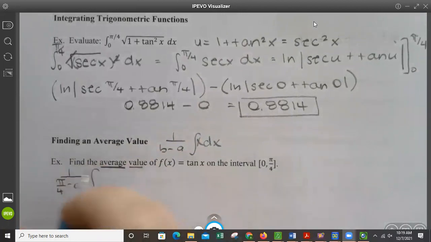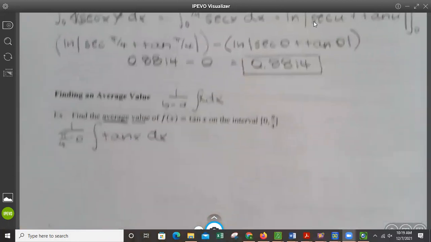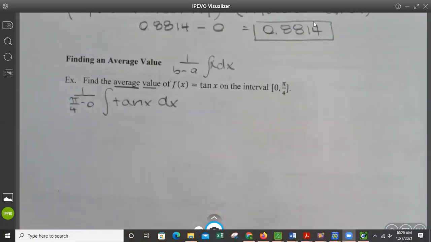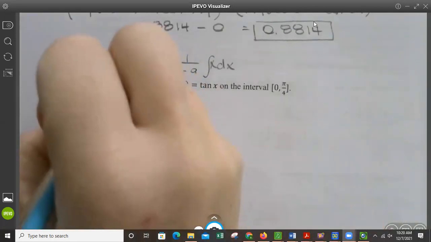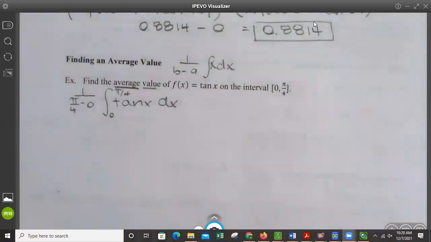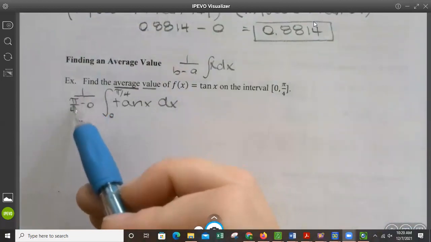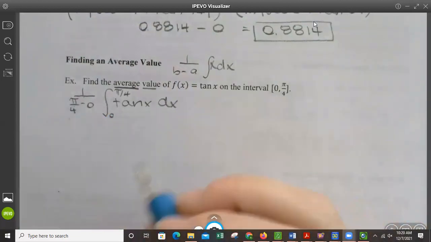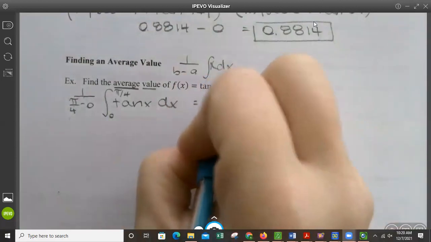What's our function? dx. Again, from 0 to pi over 4. So we have 1 over pi over 4. I don't divide fractions. What do I do? Flip and multiply.